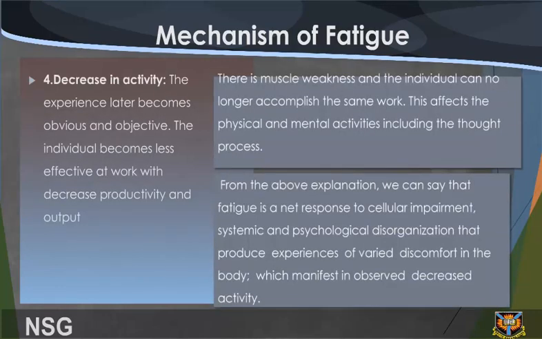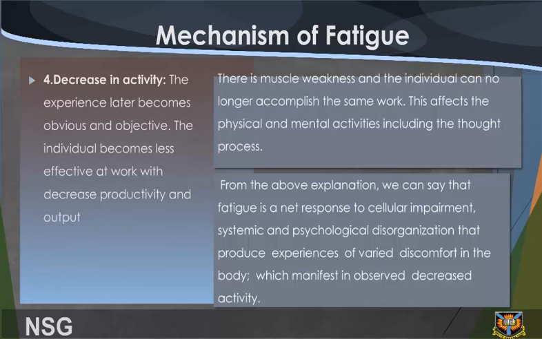4. Decrease in activity. The experience later becomes obvious and objective. The individual becomes less effective at work with decreased productivity and output. There is muscle weakness and the individual can no longer accomplish the same work.